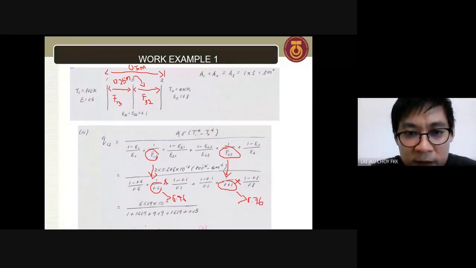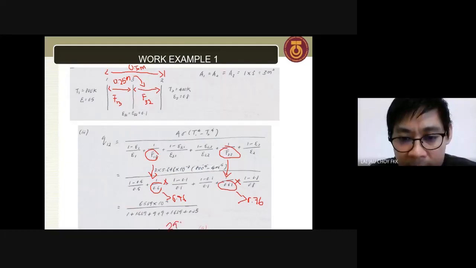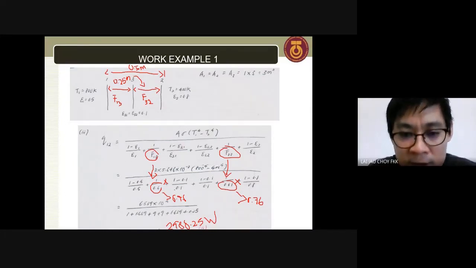So what is your Q? What is the new Q12? The Q I get is 2988.25 watt. Not much different actually, but your concept is correct. I'm sorry guys, I made a mistake.